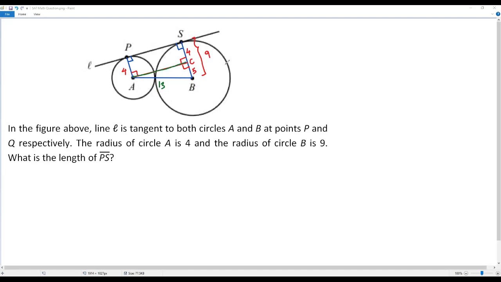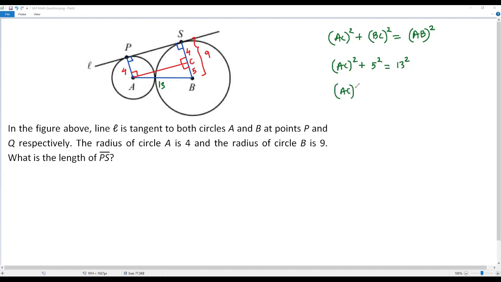Now let me write the Pythagorean theorem in this right triangle ABC. That is AC squared plus BC squared equals AB squared. According to the Pythagorean theorem, the sum of the squares of the two legs is equal to the square of the hypotenuse. So that's what I have written over here. I do not know the length of the leg AC, so we can keep it as AC squared. We plug in 5 for BC, then we get 5 squared. And we plug in 13 for AB, then I'm getting 13 squared.